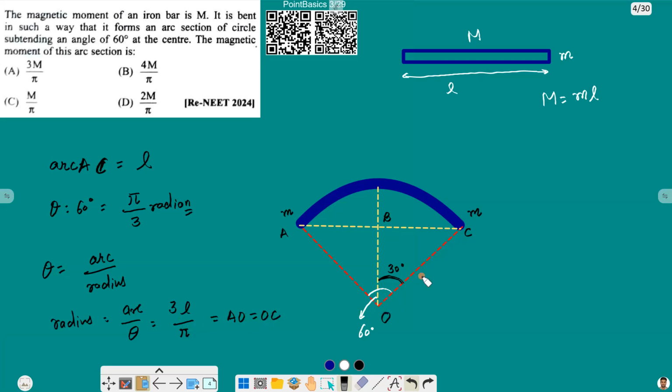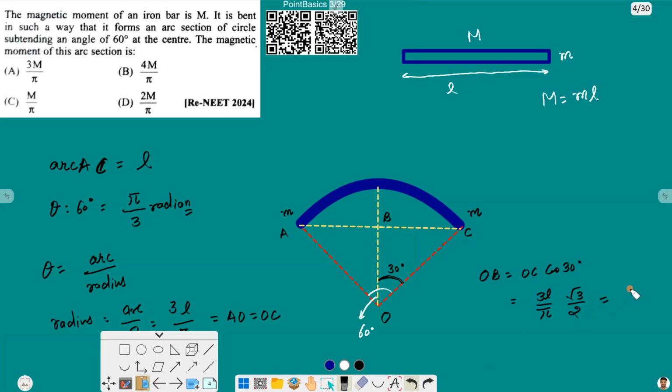Now we have the value of OC, so we can find out the value of OB. OB will be OC cos 30. OC is 3L by pi, and cos 30 is root 3 by 2. So it will be equal to 3 root 3 L by 2 pi.